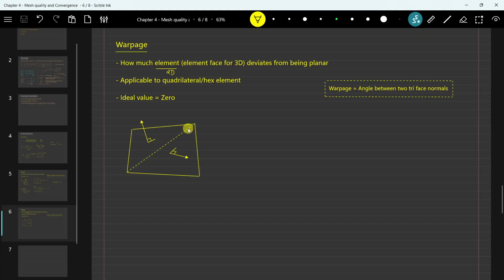It shows how the element face is not planar. So it is the angle between these two tria face normals. We can say this is the angle. This doesn't apply to a tria element because a tria element is always planar.